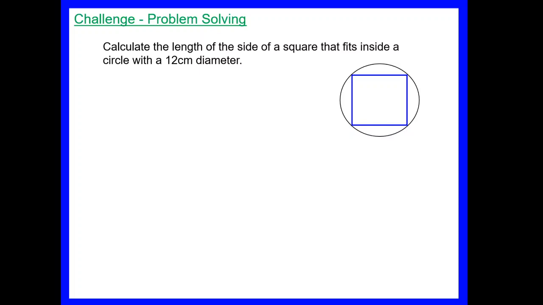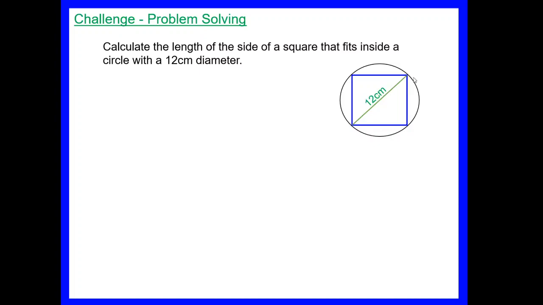All right, so again, with problem solving, a diagram is really going to help us out. So we've got our circle, we've got our square in between, and we're told that the diameter of the circle is 12 centimeters. And remember, diameter is across from one side to the other going through the center. So there's our diameter of 12 centimeters.